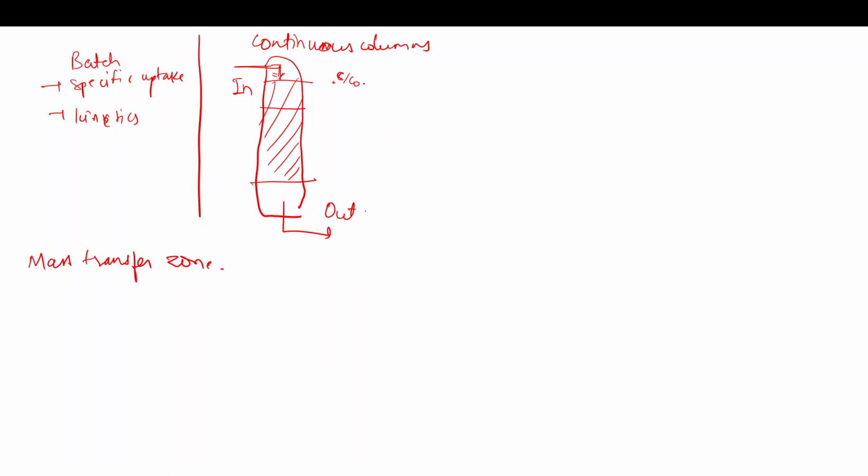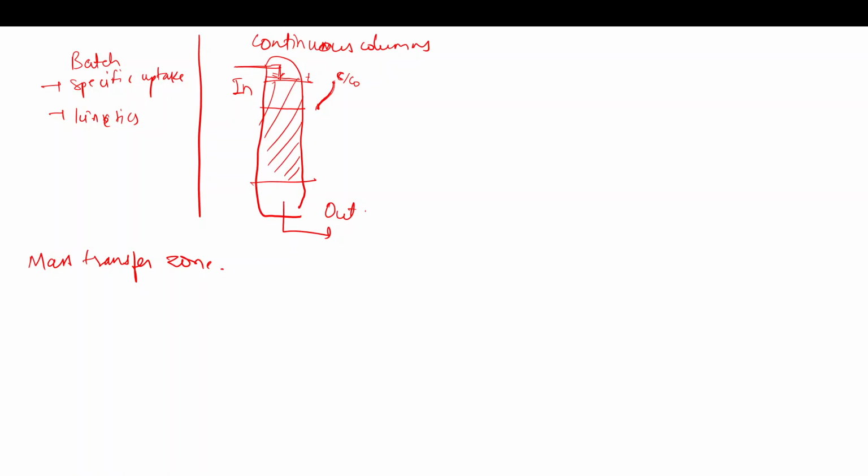Like this is the outlet C and C naught is the initial concentration, then it will gradually decrease, right? And so for that particular inlet, if this is the inlet time, then it will adsorb only up to this much. Now, after that, it is not being utilized.